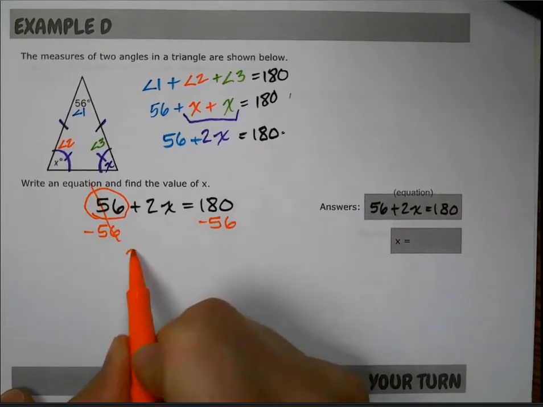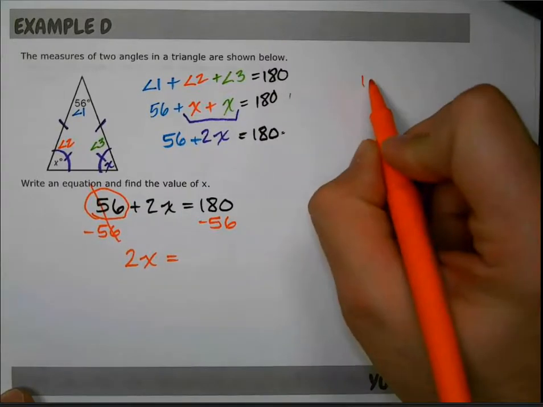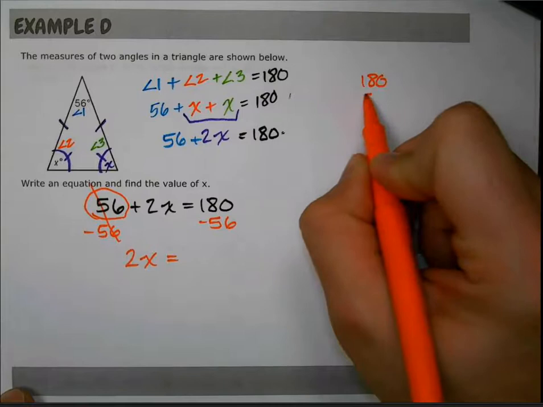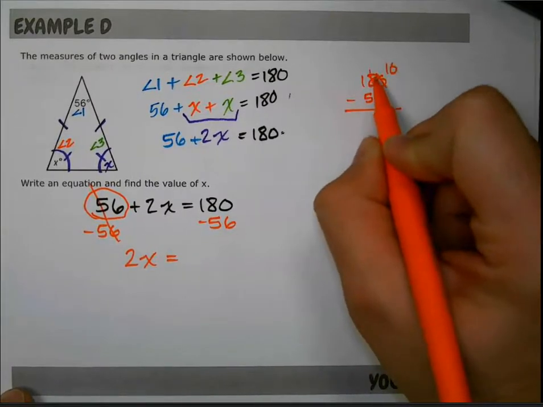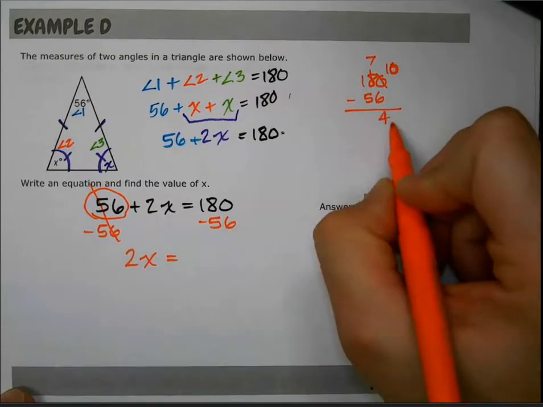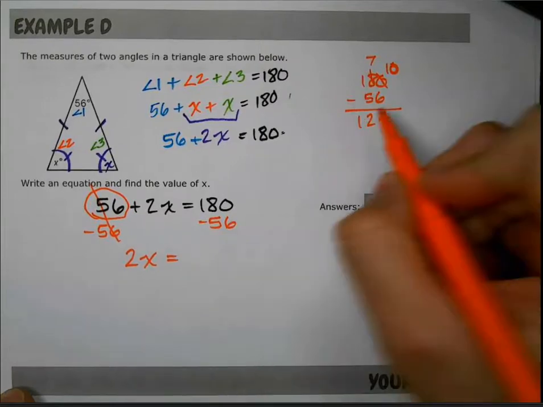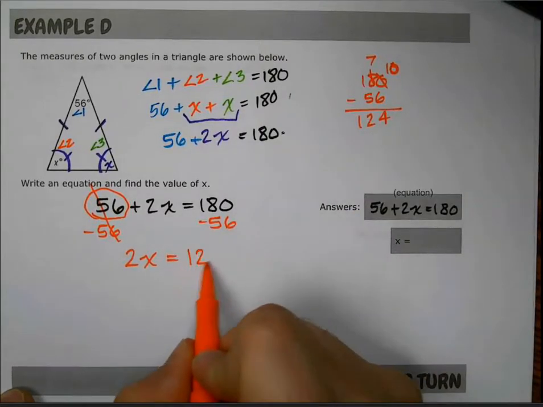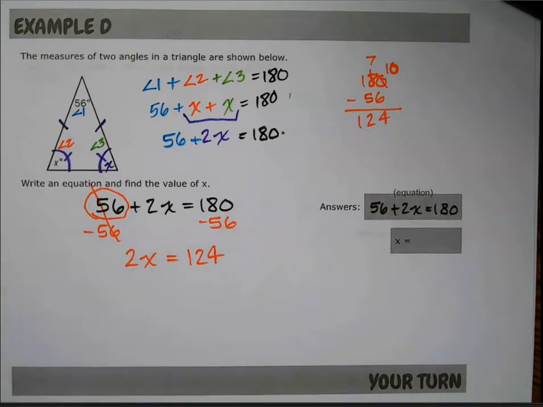So now I'm left with 2x equals, okay, I'm going to come over here and do that so that it's not messy. Okay, 10 minus 6 is 4, 7 minus 5 is 2, and 1 minus nothing is 1. So I have 2x equals 124.